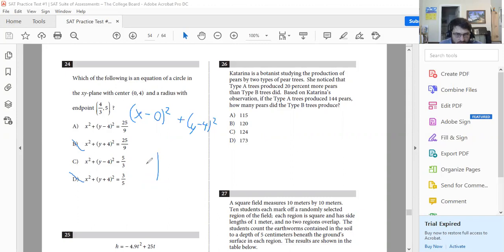We have our center at 0, 4, and a radius endpoint at 4/3, 5. We're going to have to use our Pythagorean theorem to find our radius.